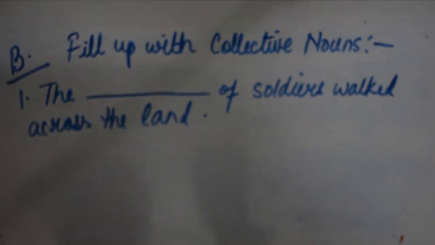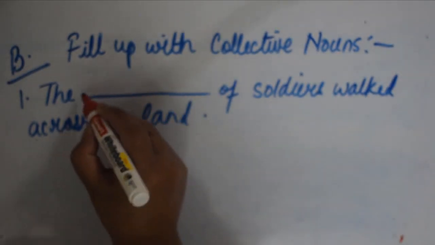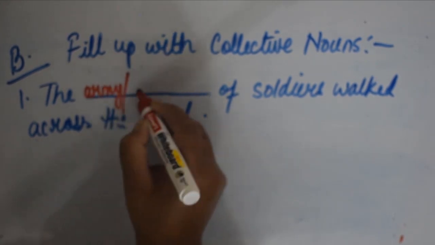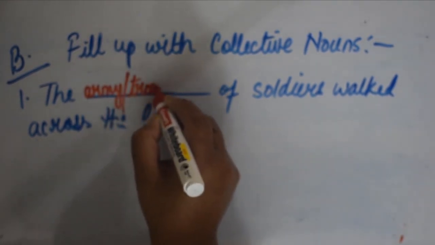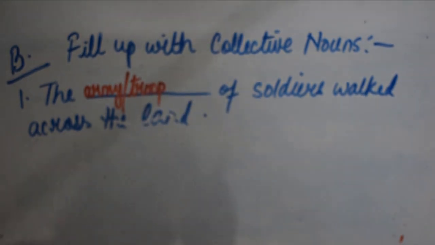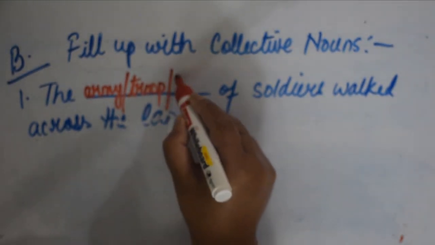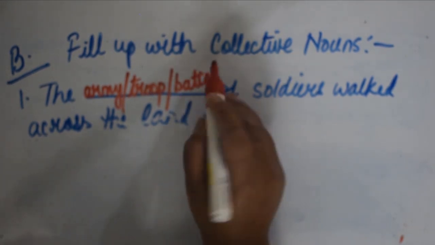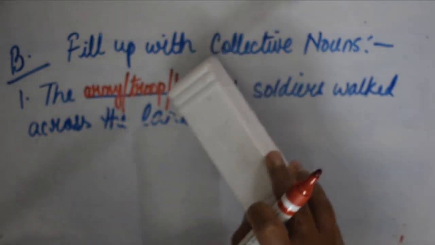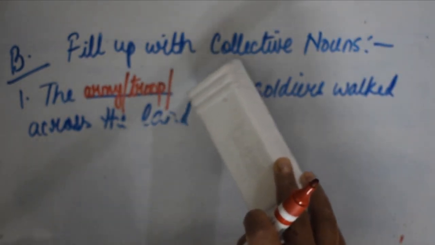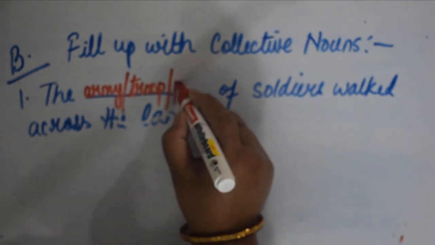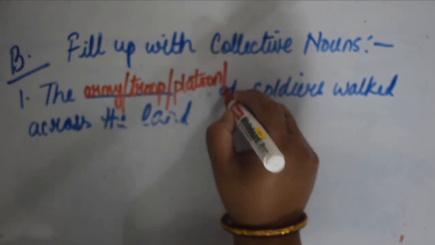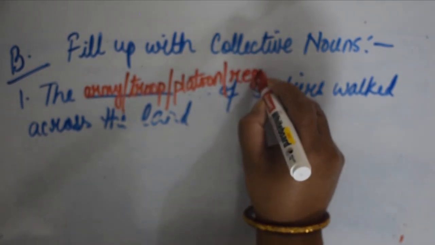There are 7 to 8 collective nouns, but the most common ones are army, troop, platoon, regiment.